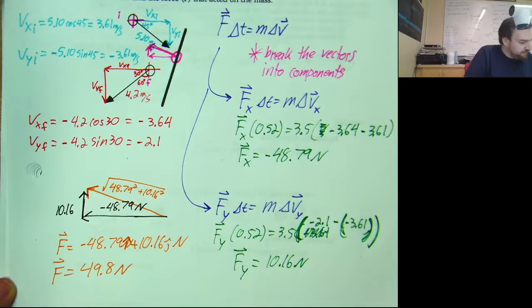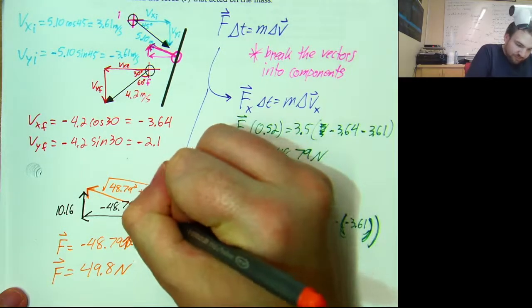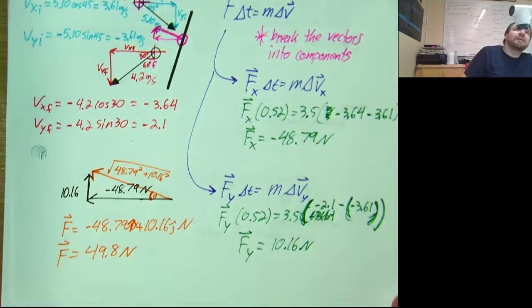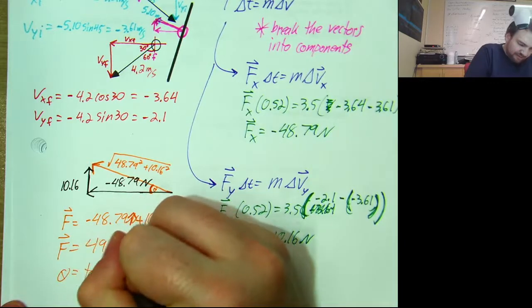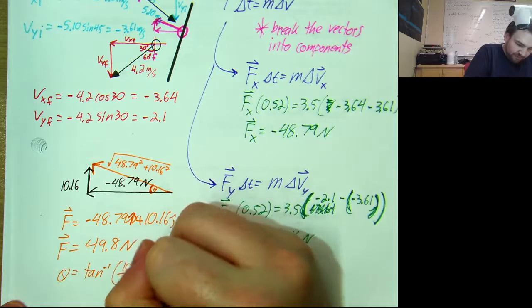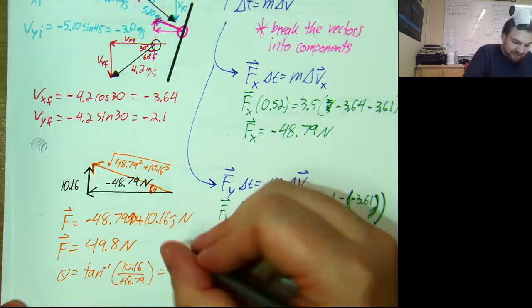I believe. And then this angle right there, theta equals the tan inverse of opposite, 10.16, over adjacent, 48.79. That gives us an angle of 11.77 degrees, I think.